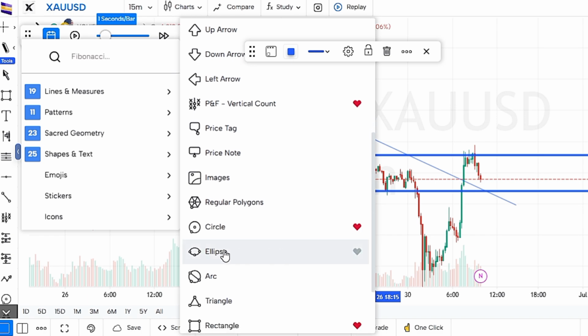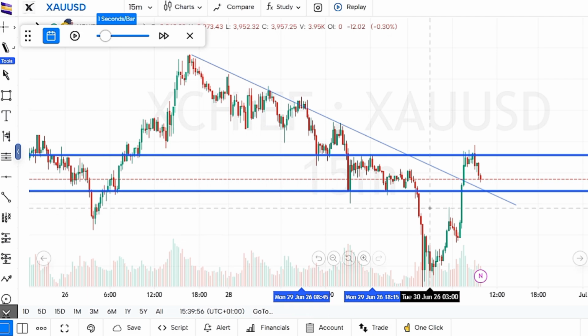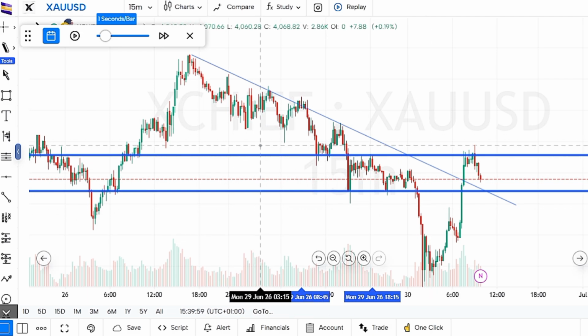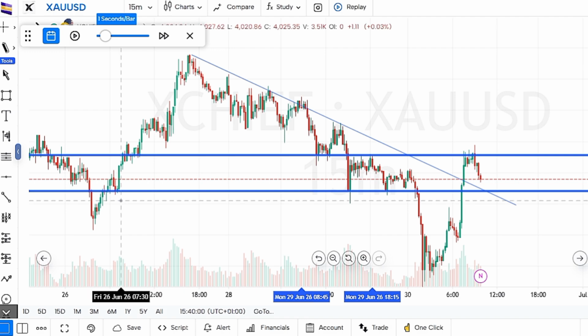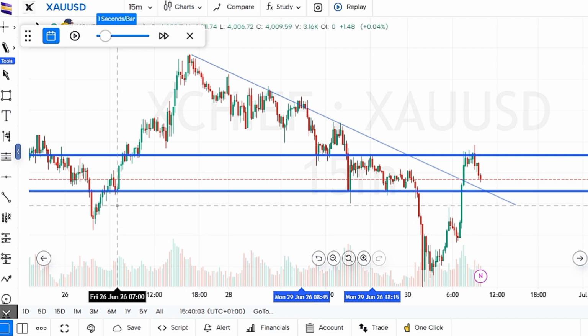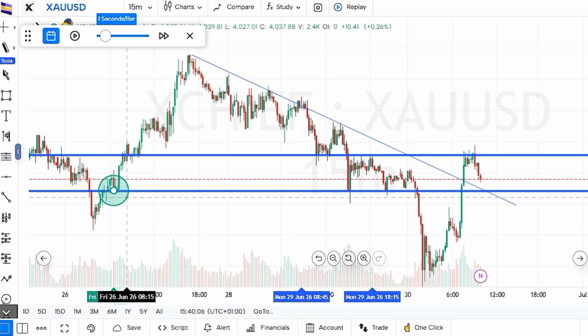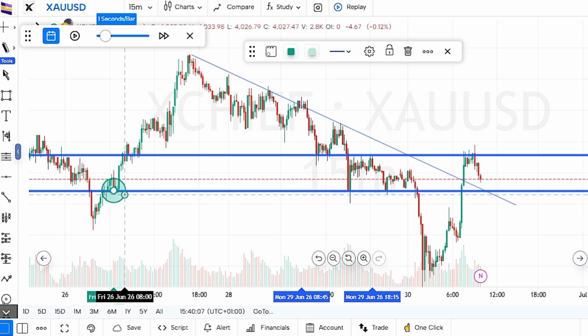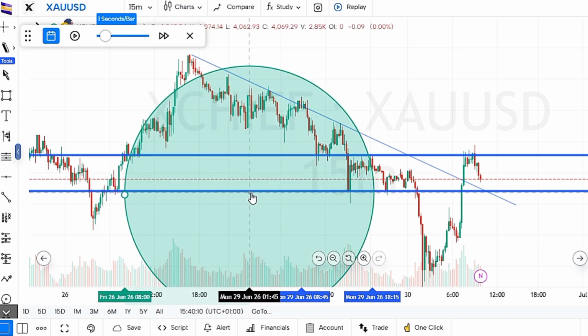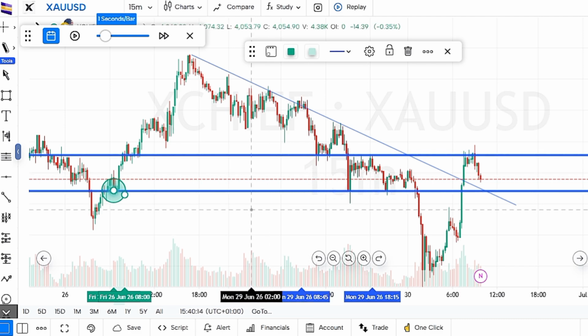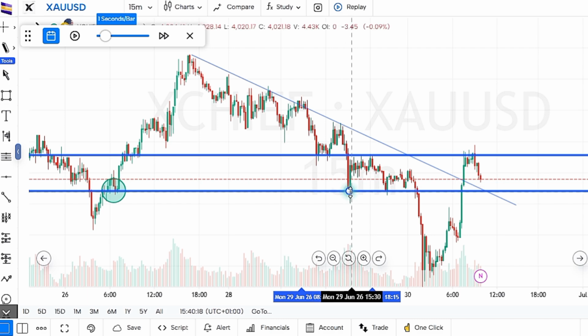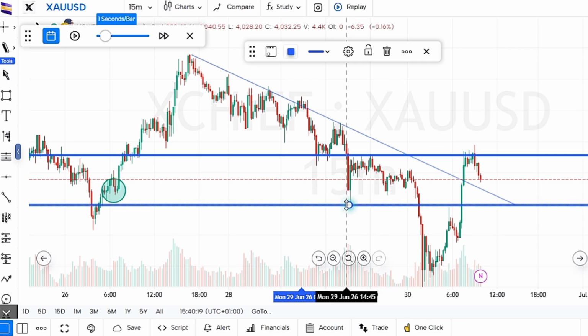If you watch, see that price tapped into this area and rejected all of this here. Price did that, rejected off there. It also came here and did the same thing around this level.